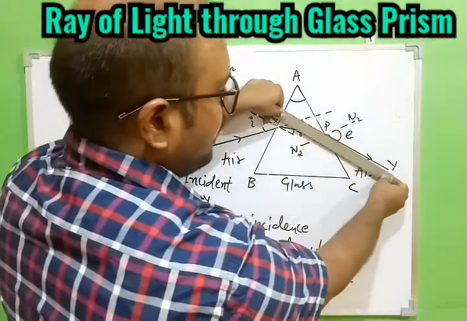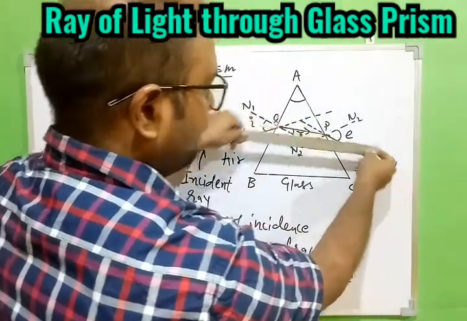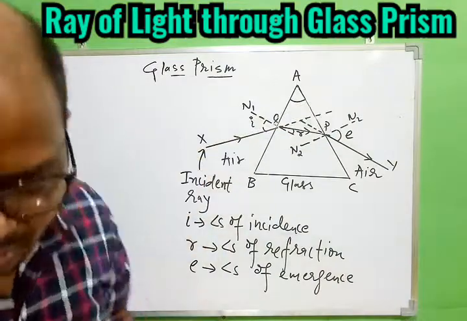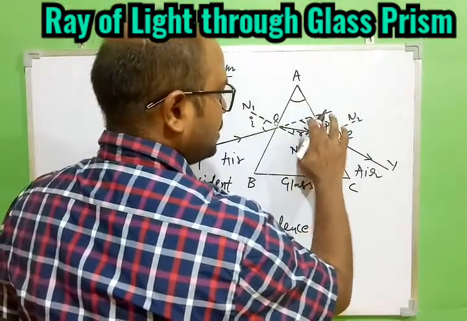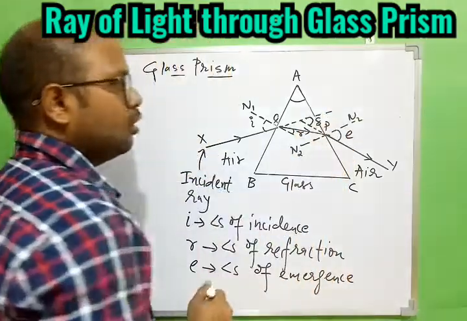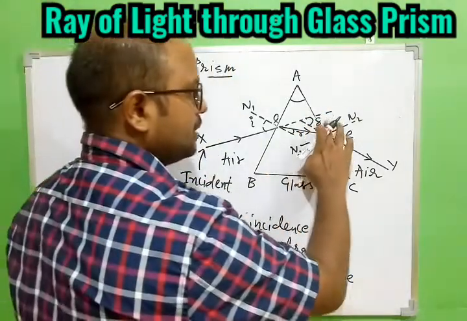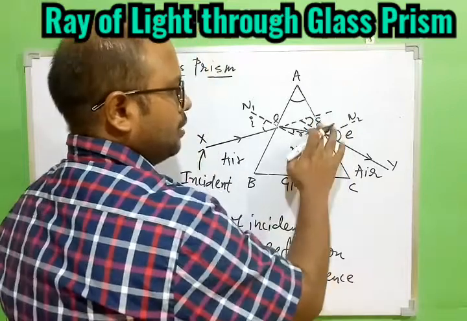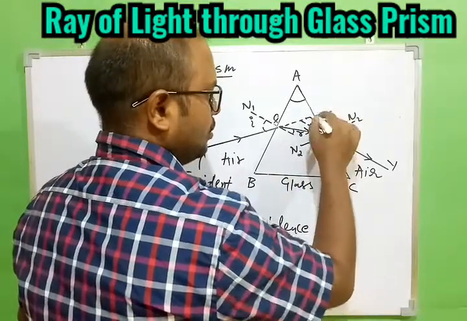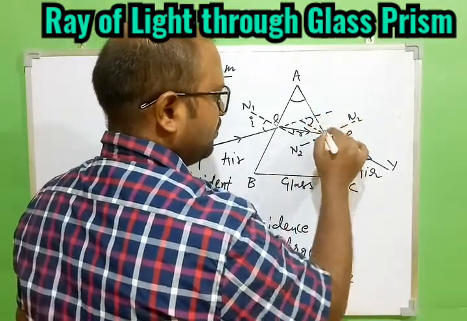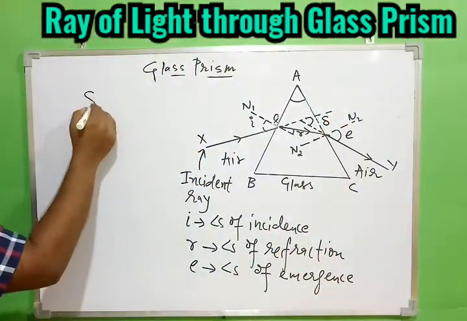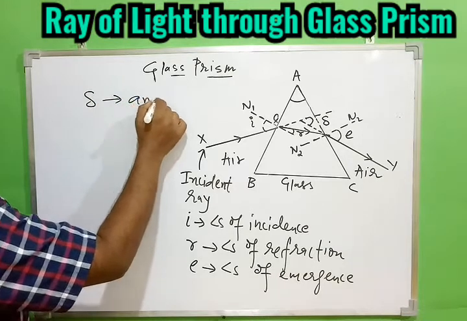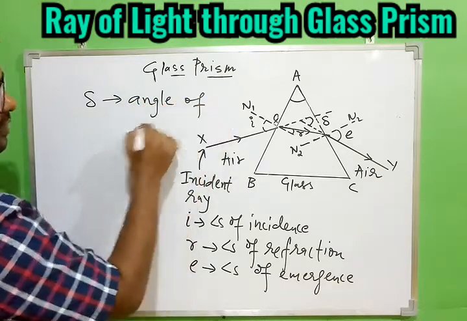So whatever angle will be made by the emergent ray with respect to the incident ray, this angle you are able to see is called angle of deviation. So I am erasing this so that you can see this angle. Okay, so let me draw this triangle, and this angle you see is called delta, which is angle of deviation.